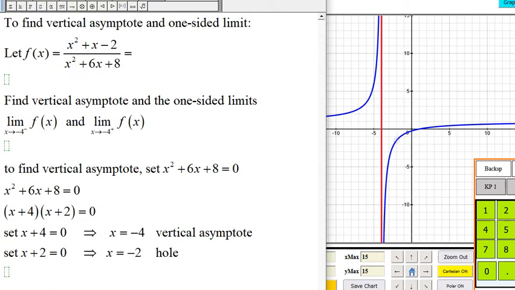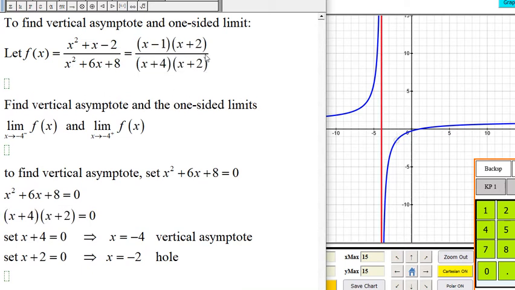If we look back at our function right here, the top factors are x minus 1 and x plus 2. And the bottom, we factored earlier, this. And then right here, we can see that the x plus 2 here and the x plus 2 here, they cancel out.